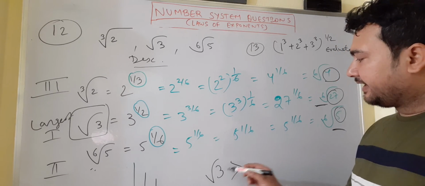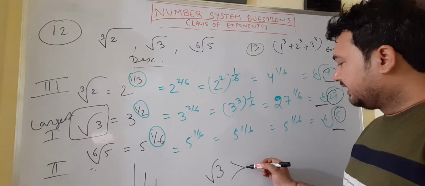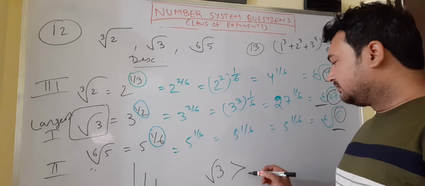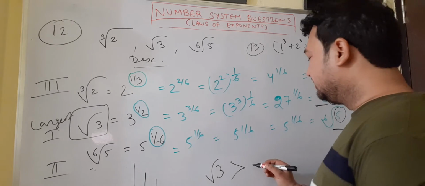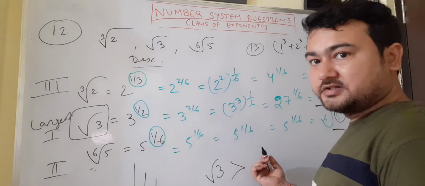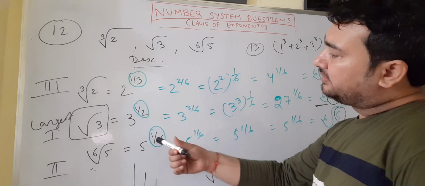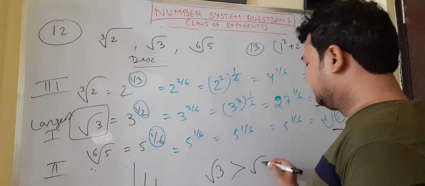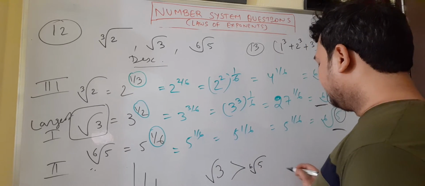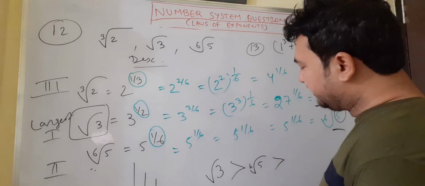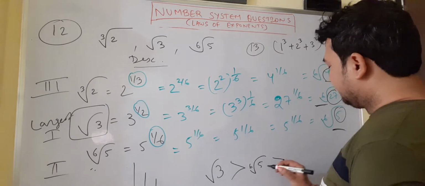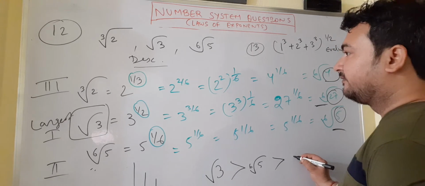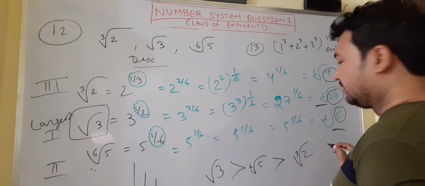Whichever number is greater, its arrow points at the smaller one. The pointing of the arrow will go directly to the next number which is smaller than this. So the next number is this 6th root of 5, and this will again point its arrow towards its junior, which is cube root of 2.